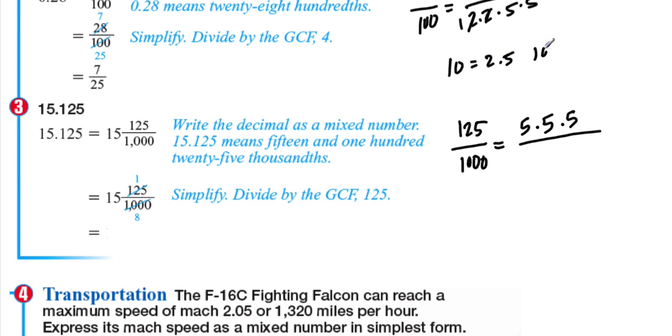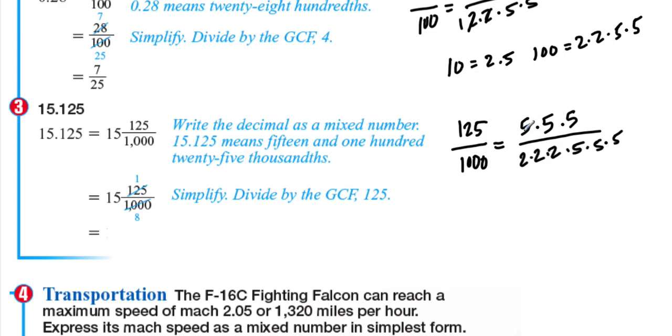When you get the prime factors of 100, it's 2 times 2 times 5 times 5. If you notice, the number of zeros will determine the number of 2's and the number of 5's you will have as its prime factor. So 100 has 2 zeros, 2 2's, and 2 5's. 10 has 1 zero, 1 2, and 1 5. 1,000 has 3 zeros. This is 2 times 2 times 2 times 5 times 5 times 5. So that's a shortcut method of finding prime factorization of 1,000.